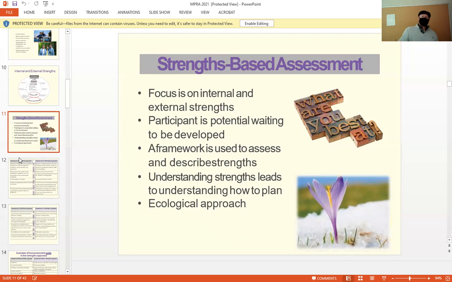Now, once we understand their strengths and once our clients understand their strengths, that will help us understand how to plan interventions for them. Okay? We can give them times to shine along the way, if for nothing more than building morale. We know that they're great at something.